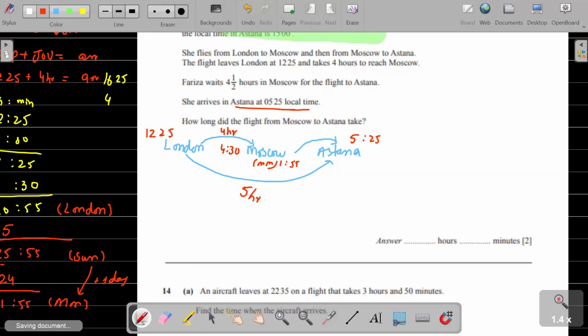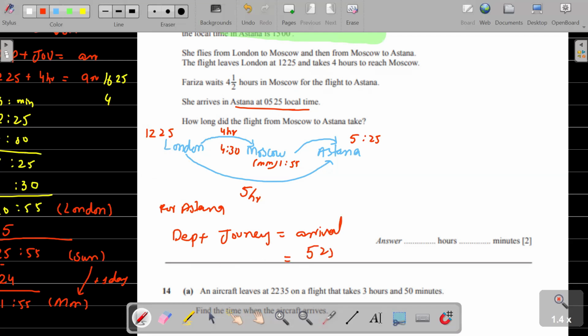Now let's use the equation which says departure plus journey equals arrival time, and we need to calculate the journey. Departure is at 1:55. Clear? Now let's solve this over here. Let's separate that.